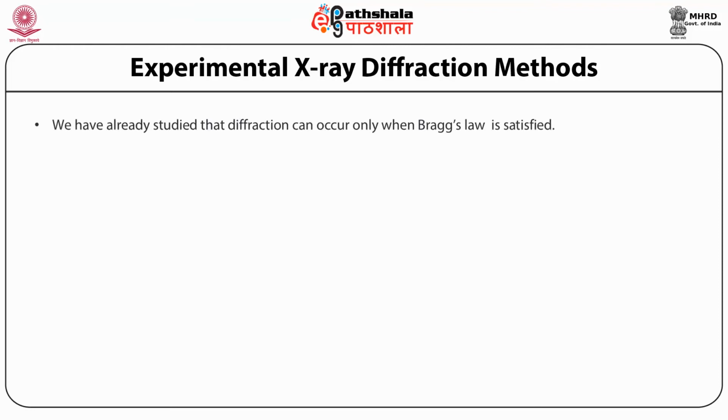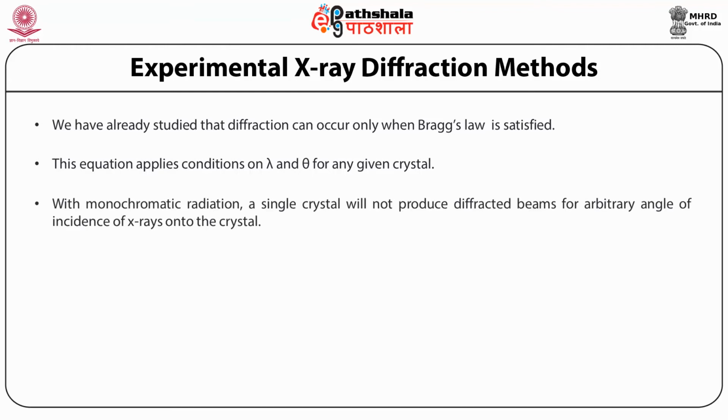We have already studied that diffraction can occur only when Bragg's law is satisfied. This equation applies conditions on lambda and theta for any given crystal. With monochromatic radiation, a single crystal will not produce diffracted beams for an arbitrary angle of incidence of X-rays onto the crystal.